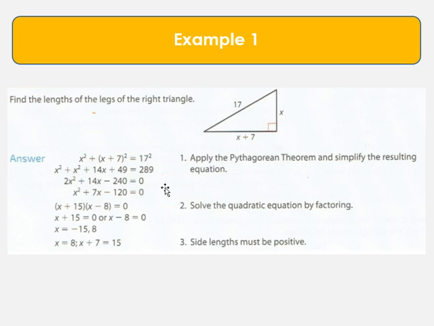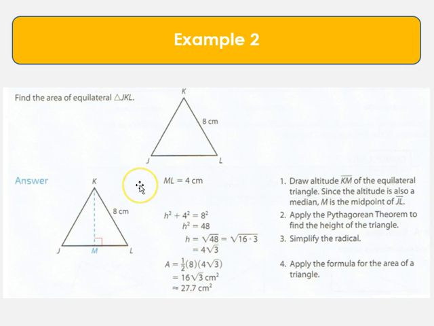Let's move on. And we have example 2. We have an equilateral triangle. Find the area of the equilateral triangle. If you remember, equilateral triangles have 3 equal sides.